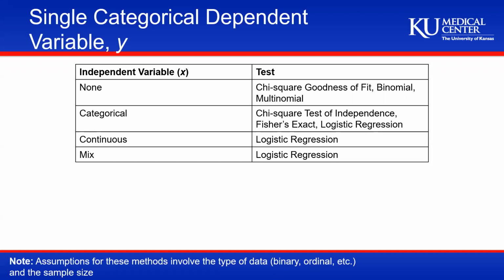You'll hear a lot of chi-square tests being applied, and there are, unfortunately, many different types of chi-square tests. You'll hear Fisher's exact test, logistic regression. Those are probably the most common ones. So if you have a single group where you're measuring a categorical outcome, you'll hear about the chi-square goodness of fit test.